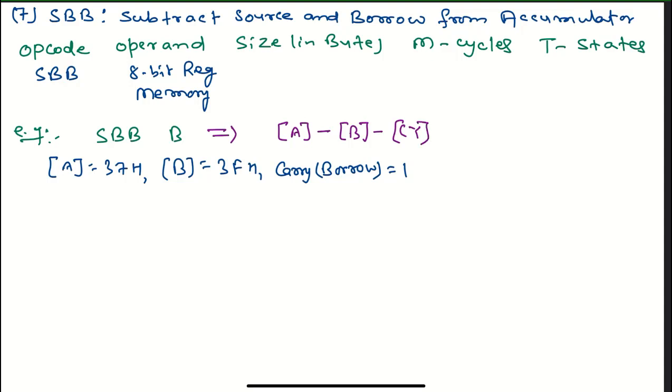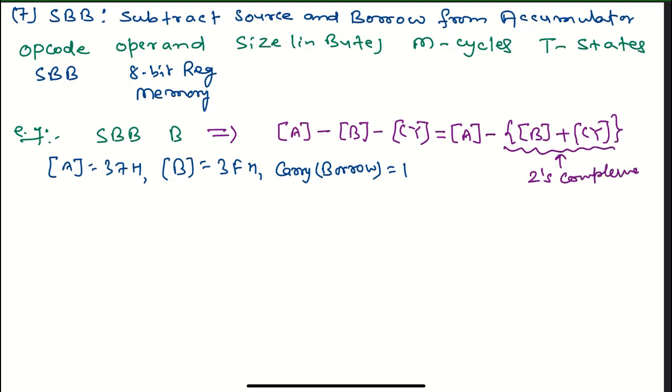This can be written in this fashion also: first the content of B register along with the carry or borrow status is added together, then take the 2's complement of this result, and that is added with the accumulator content. Ultimately it provides the result of A minus B minus CY.